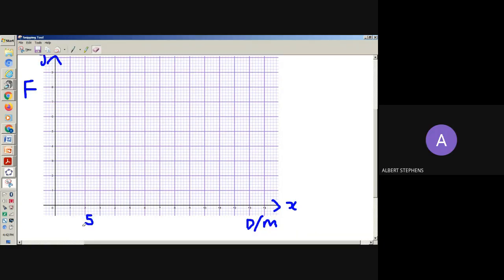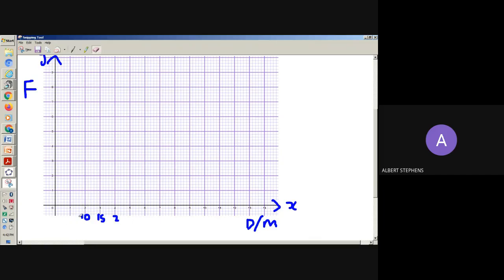You're going to have 5, and then the next 1 centimeter, you're going to have 10, then 15, 20, etc.